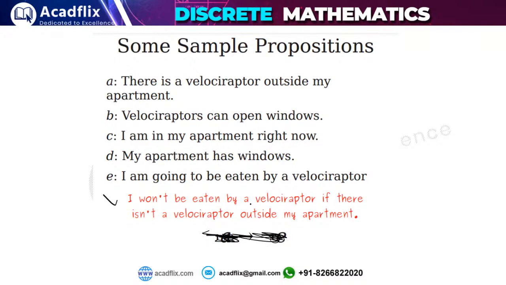I won't be eaten by a velociraptor if there isn't a velociraptor outside my apartment. Okay, this is the statement you have, and you need to convert it into a propositional logic formula. Try this question. We have just taken some complicated statements, nothing more than that. So you try this question.